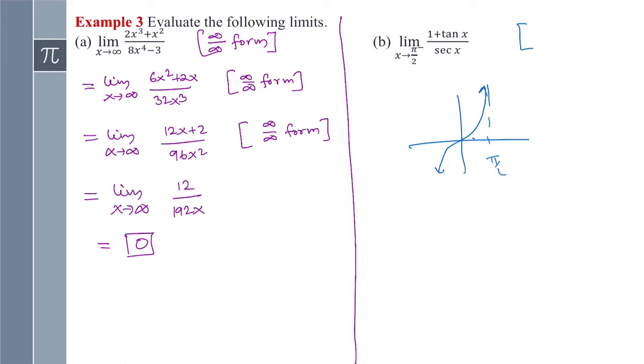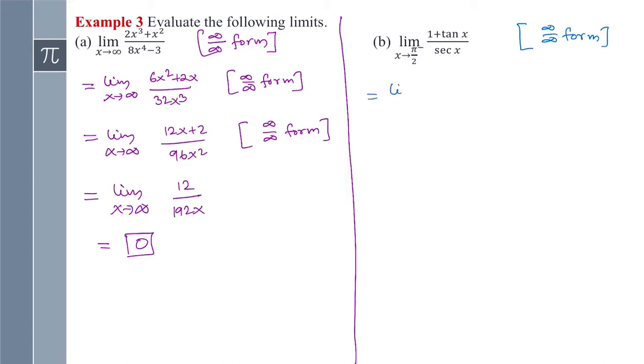When we approach pi over 2 from the left, it goes to infinity. When we approach pi over 2 from the right, it goes to negative infinity. That's why it's very important that we have that negative sign. So this is infinity over infinity form.